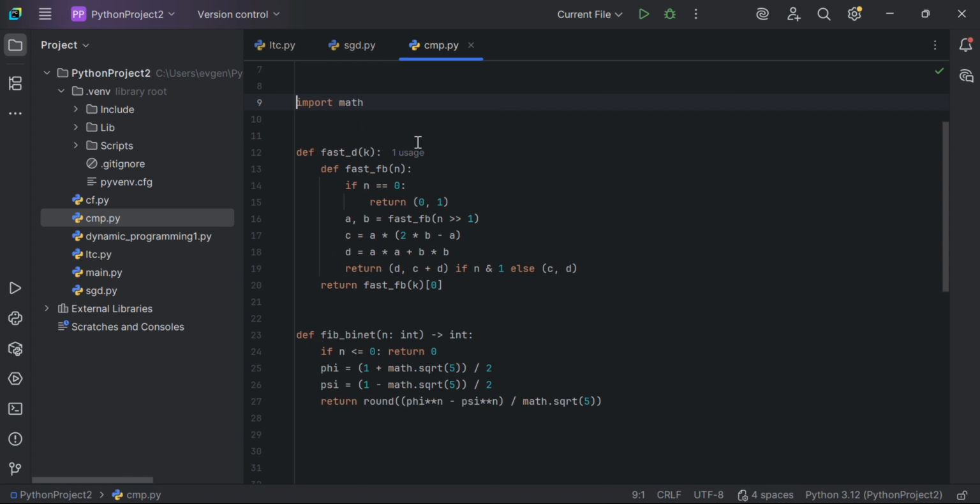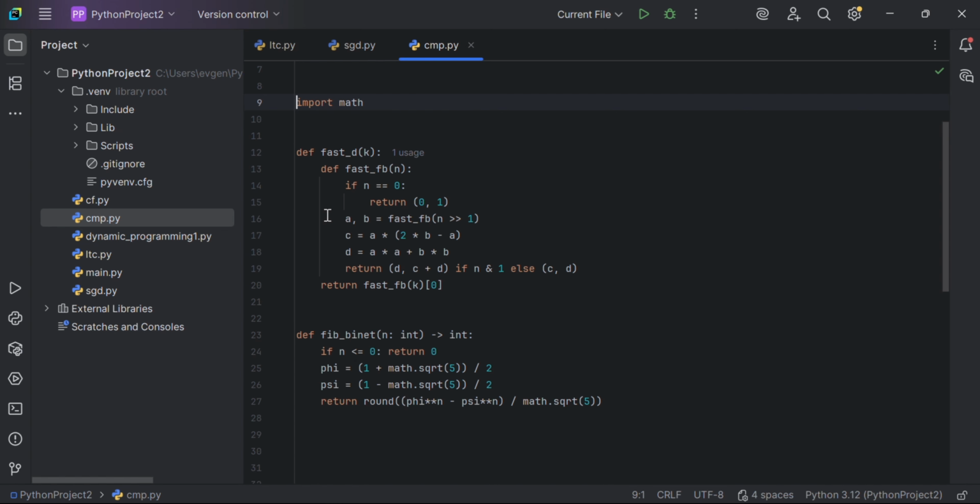So here's the code. Fast doubling uses recursion, so it has two functions. The first step is it checks if n is equal to 0, then it returns 0. I have two numbers because I have two formulas, so I need them for 2n and for 2n plus 1.